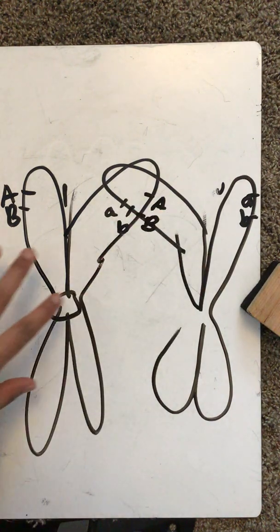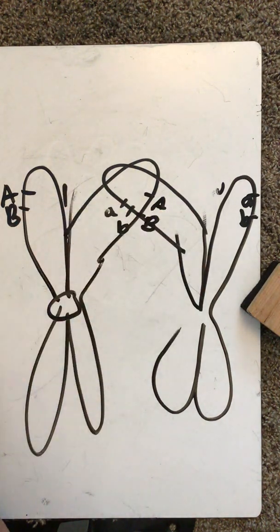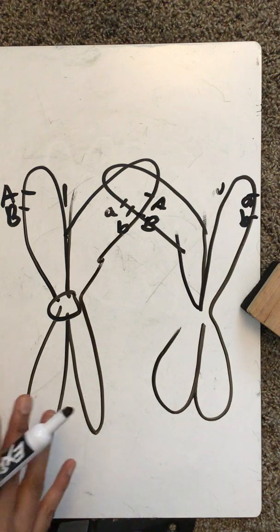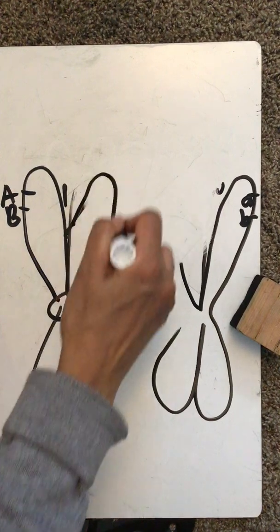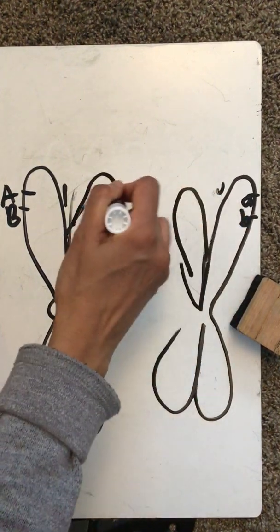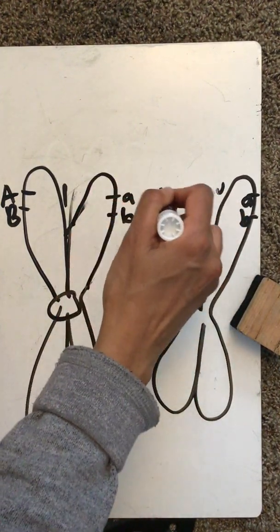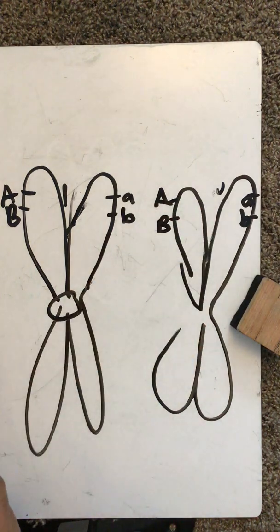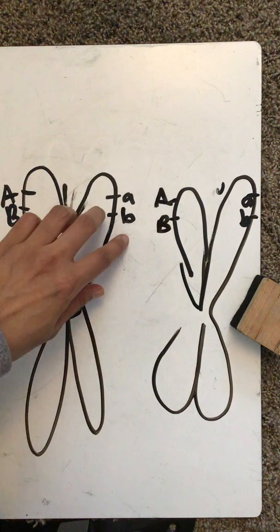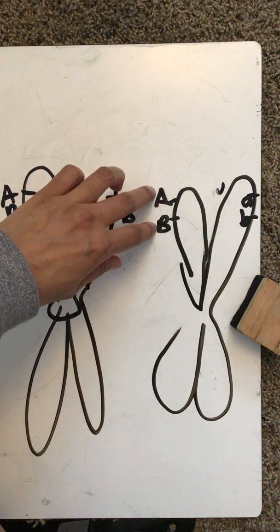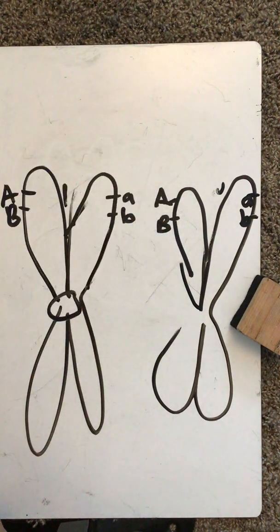Well, because these two genes are so close together, what is probably going to end up happening is that you end up with little a and little b and big A and big B. Both of them crossed over together here, and both of them crossed over together here.